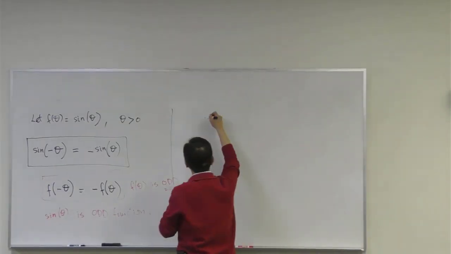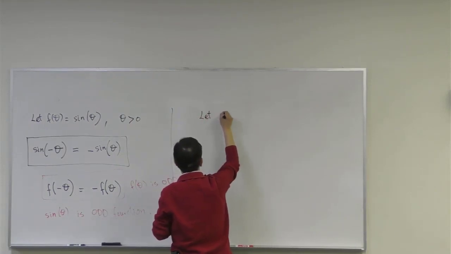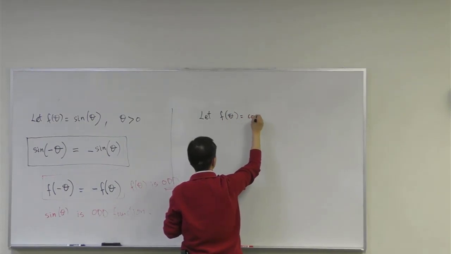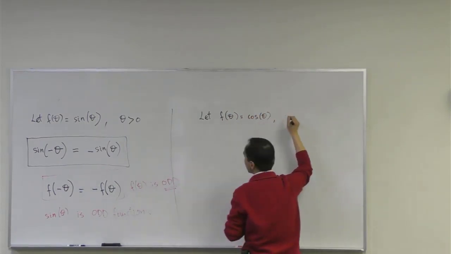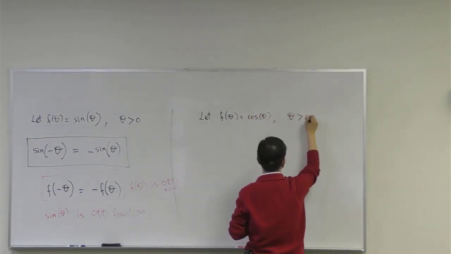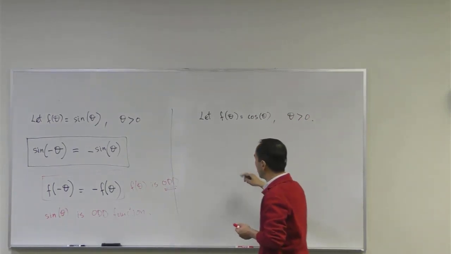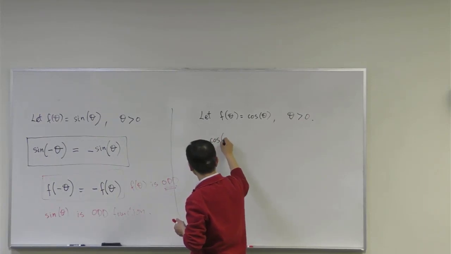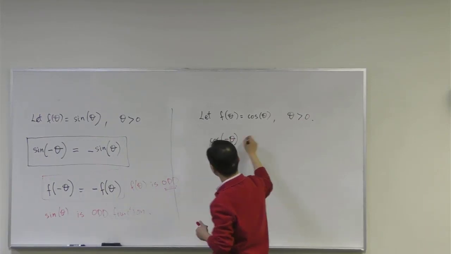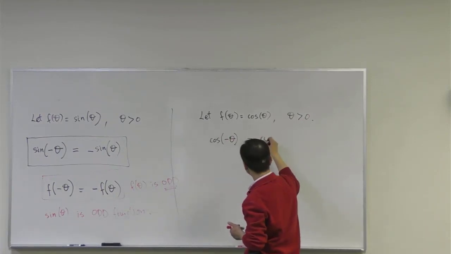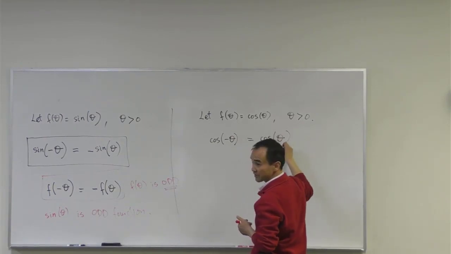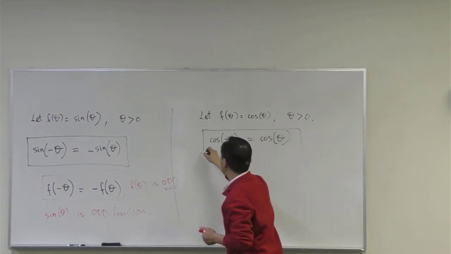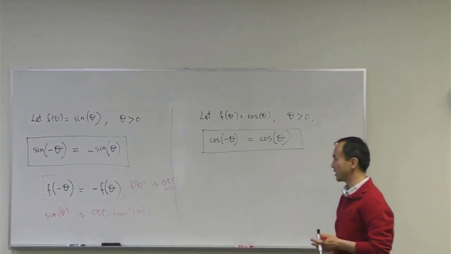On the other hand, if we define some function f of theta equals cosine of theta, and assume that theta is just always a positive angle, then for cosine of the negative input, it is exactly the same as the cosine of the positive input itself. This is one thing that we drew out as a conclusion for the cosine function.